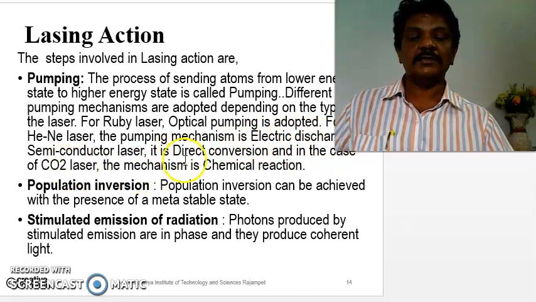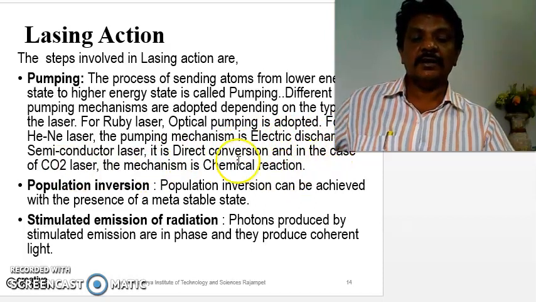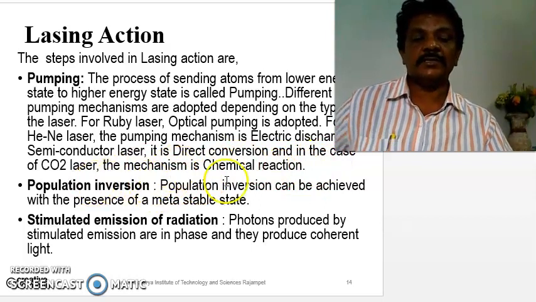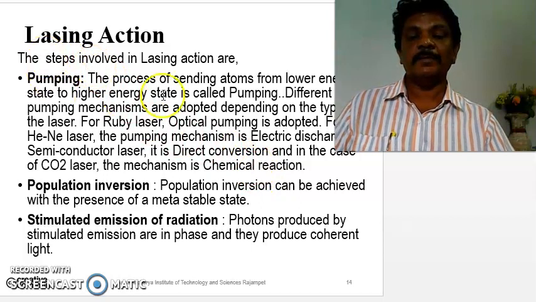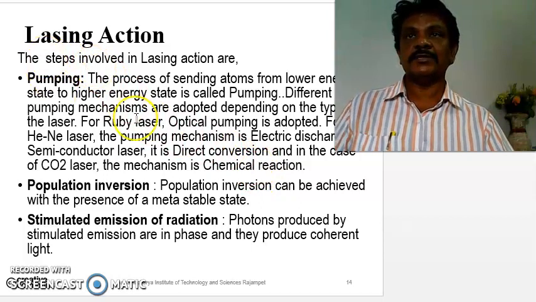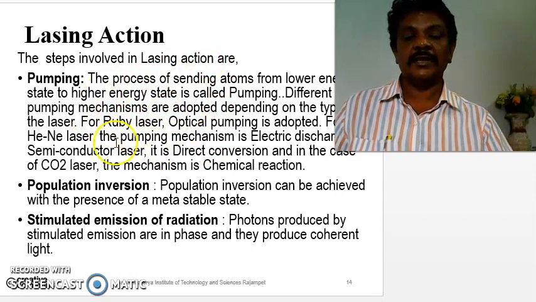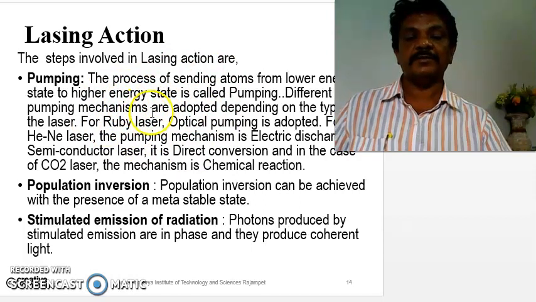The semiconductor laser is attached with direct conversion. The CO2 laser mechanism is related to chemical reaction. So the pumping process is the process of jumping atoms from lower energy to higher energy state to satisfy the population condition.